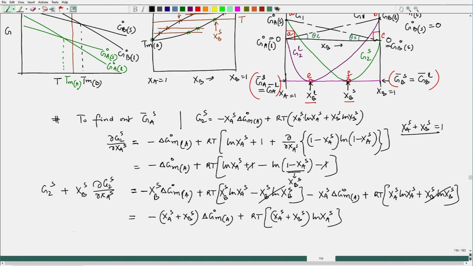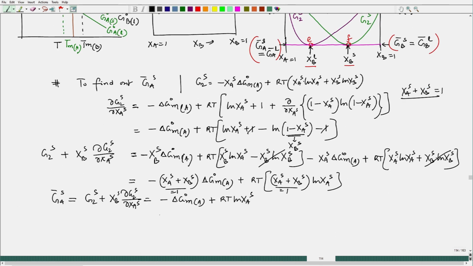So then GA prime solid should be equal to G2 solid plus XB solid, G2S dXAS would be equal to, this is 1 again, this is 1, so minus delta GMA, so this is equal to 1, this is equal to 1, plus RT ln XAS.